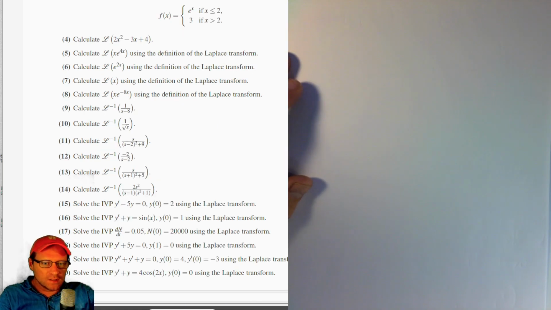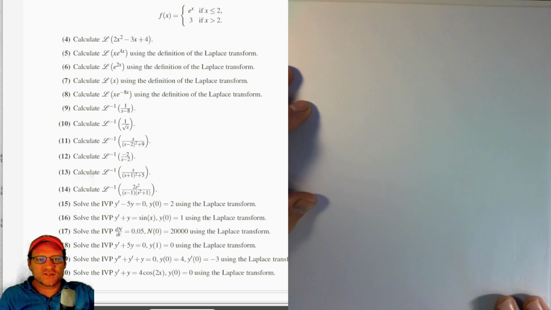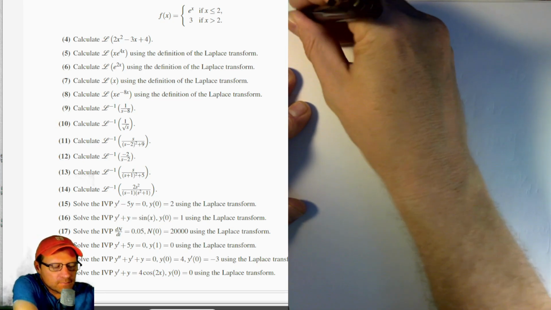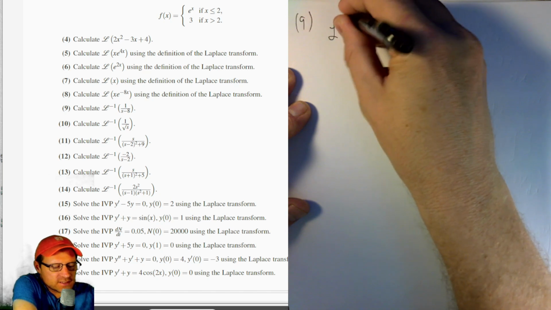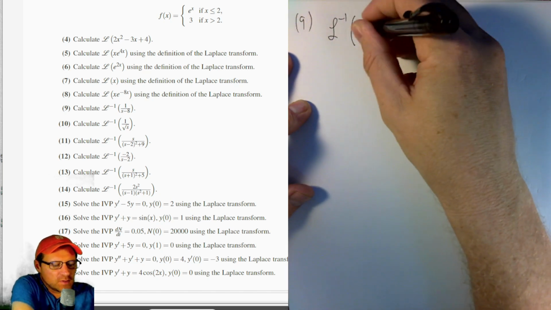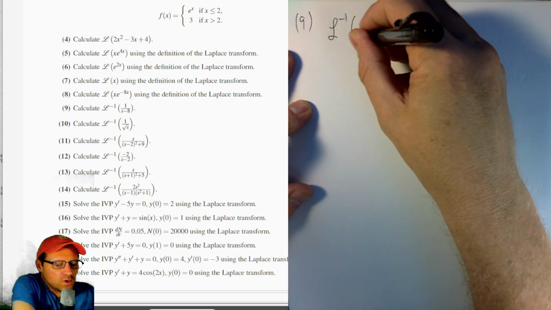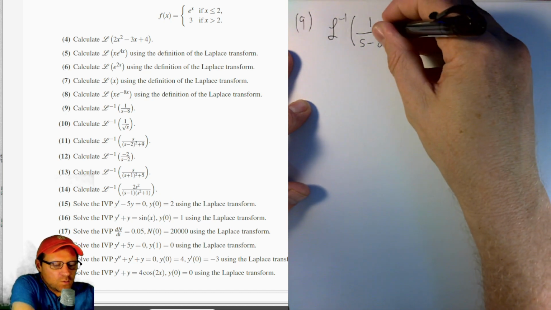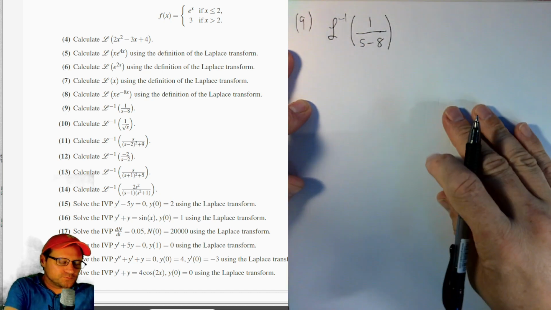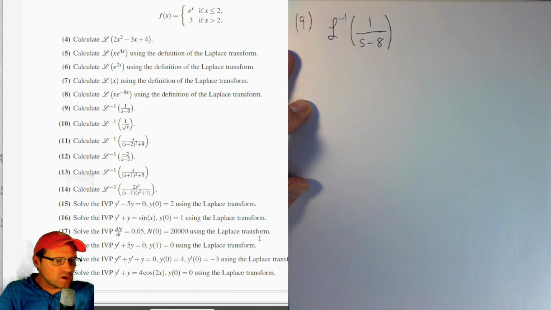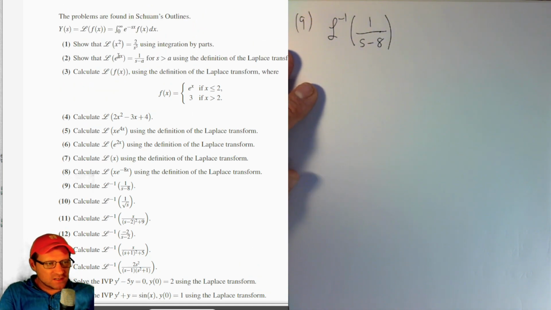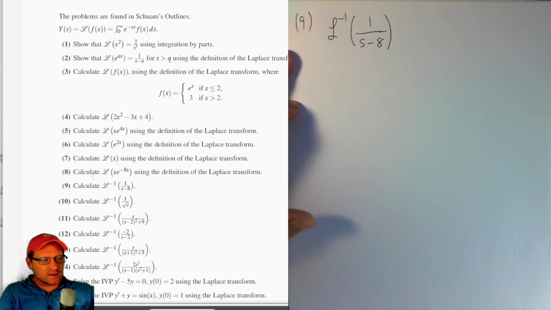Okay, inverse Laplace transforms. So let's have a look at question 9, where we are asked to take the inverse Laplace transform of 1 over s minus 8. Now, we already know, based on the problems that we've done, that the Laplace transform of e to the ax is 1 over s minus a for s greater than a.